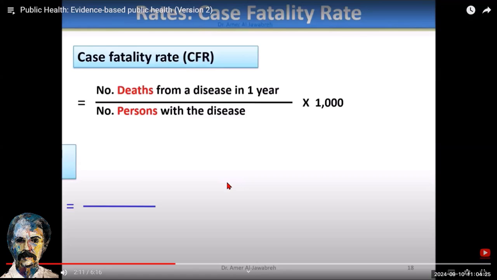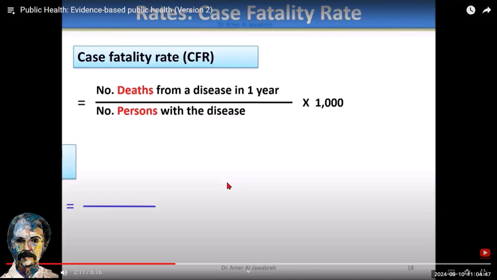Usually these are diseases which kill people in large amounts or high percentages, for example, prions. Prions are proteins that cause disease, mad cow disease, Creutzfeldt-Jakob disease, almost 100% killer. Rabies, close to 100%.